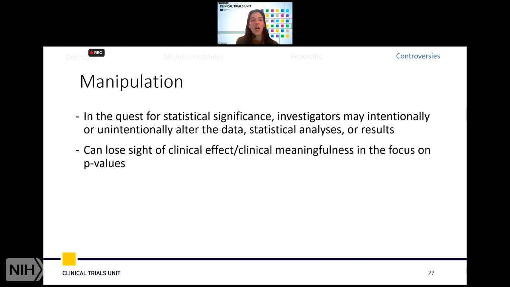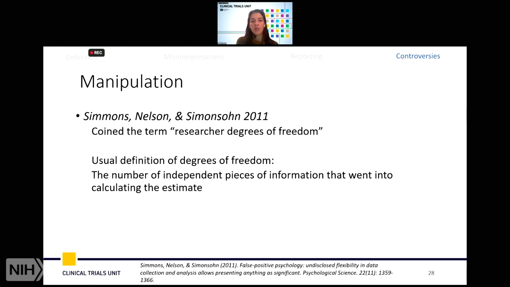And this is a concept that was coined, this discussion of unintentional manipulation, I guess, was coined by this group. They're calling it researcher degrees of freedom. So this is something that will impact your research, that will skew what you're seeing.